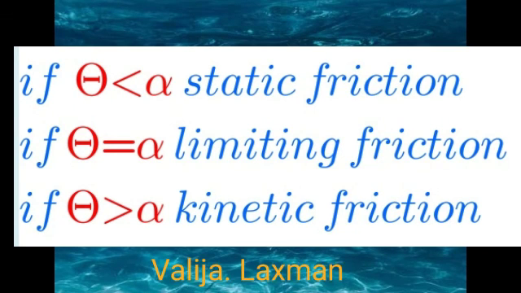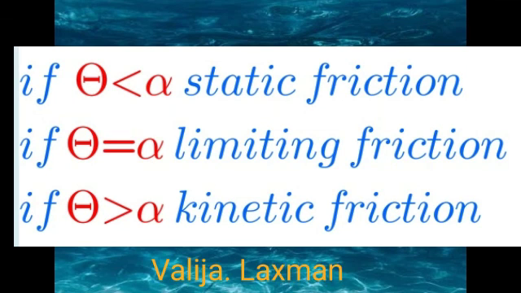When theta is equal to alpha, the body is ready to move but not moving, so there will be maximum static friction, called limiting friction. When theta is greater than alpha, the body slides up the inclined plane, so there exists kinetic friction.